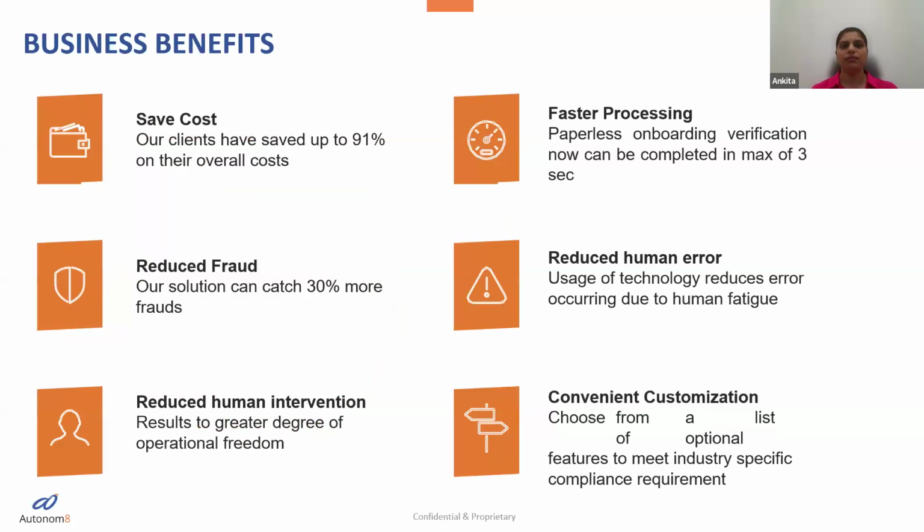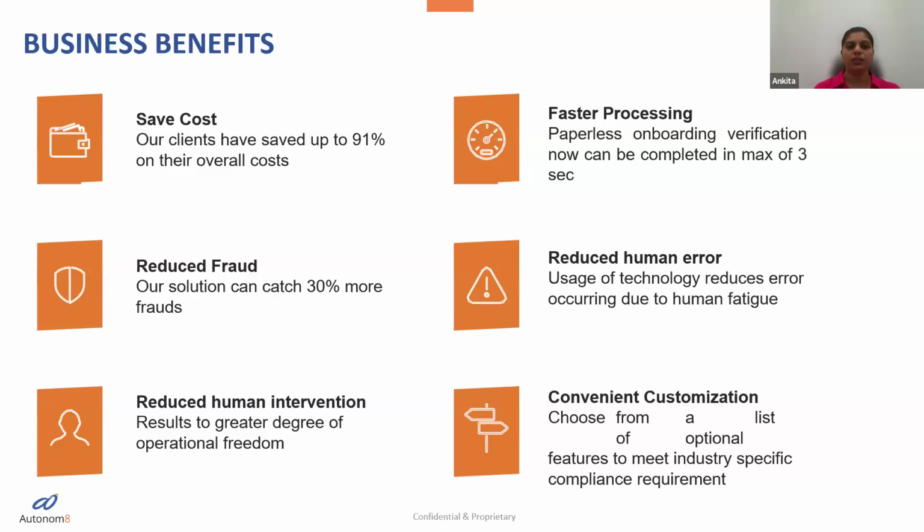Some of the business benefits that we would like to share today is we have got a very impressive feedback from our customers where they were able to save up to 91% of their overall cost. On the security aspect, with the technology introduced into their business process, they were able to identify 30% more fraudulent activity than the traditional process that was being run.